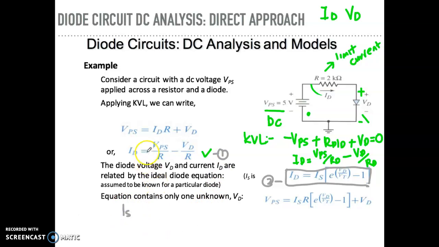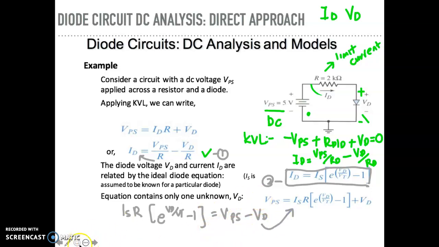You move R to the other side, so it becomes IS R times e to the VD over VT minus 1, equal to VPS minus VD. If you rearrange this, you get this equation.